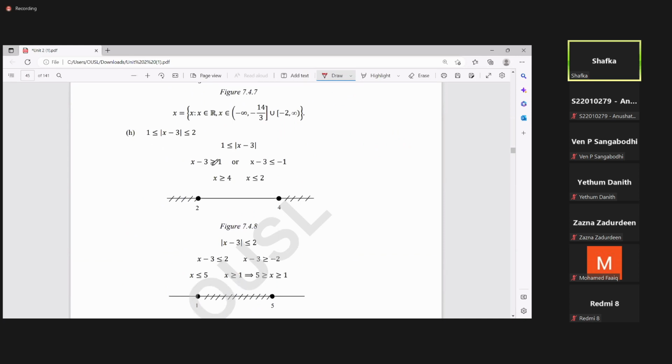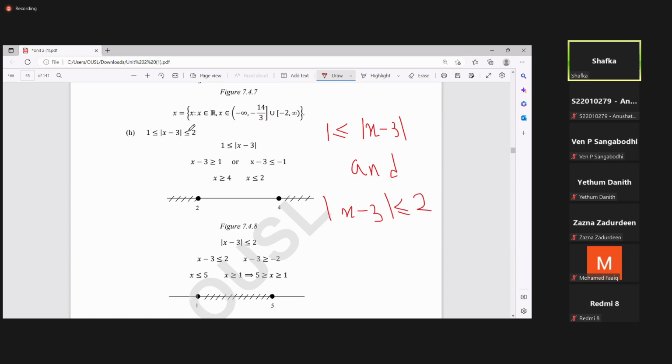Okay, so likewise, then there is another type. Earlier we had only one inequality, but in this case we have two inequalities. So first of all, you have to consider the solution for this, and the solution for this.